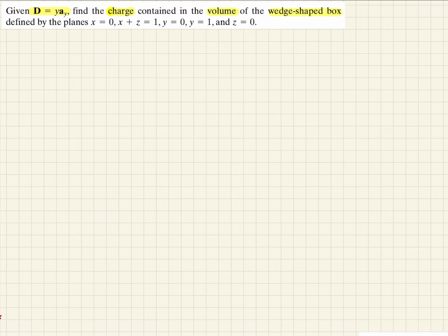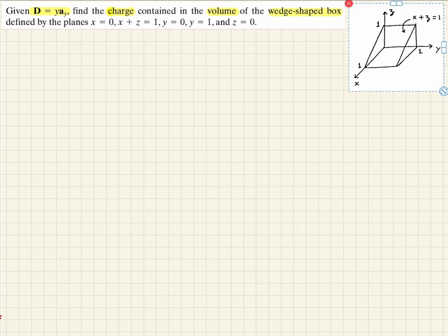So the key to this problem really is just making sure you get it set up correctly. So let's take a look at what this would look like then. So here's our wedge-shaped box. And the first thing we want to notice here is we have the plane x equals 0.